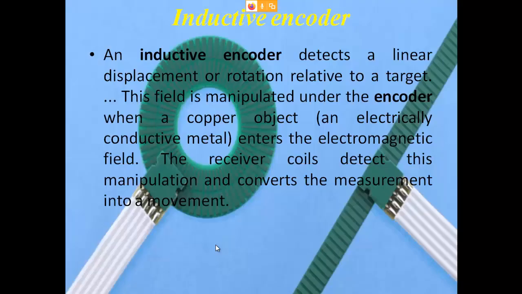Next comes your inductive encoders. Inductive encoders detect a linear displacement or rotation relative to the target. This field is manipulated under the encoder when a copper object enters. Nothing changes between your first one and second one. In the first one, we keep a magnet.